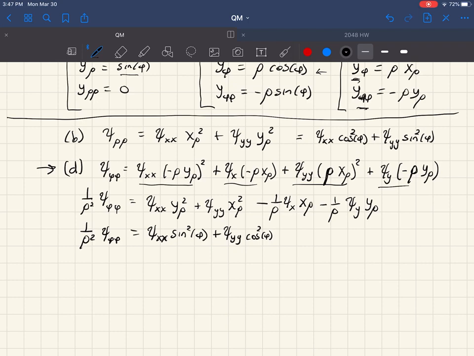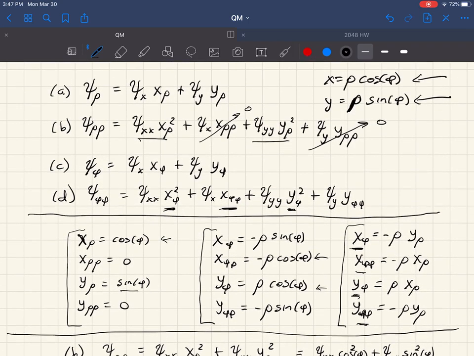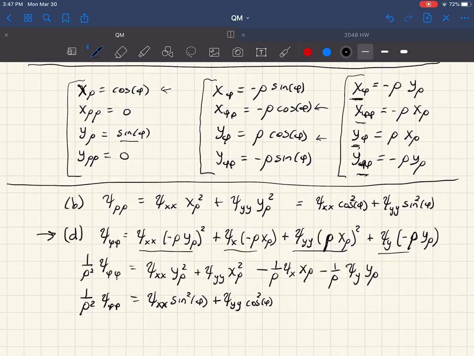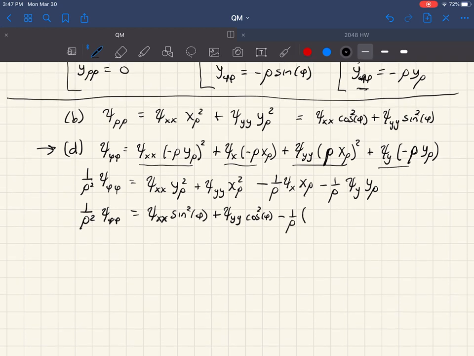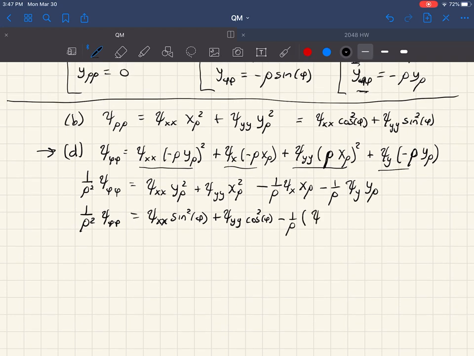And now, if you look, a right here actually appears right here, in the last two terms. So I'm going to have this, and I'll just write this out so you can see what it is. I'm going to factor out a negative 1 over rho.